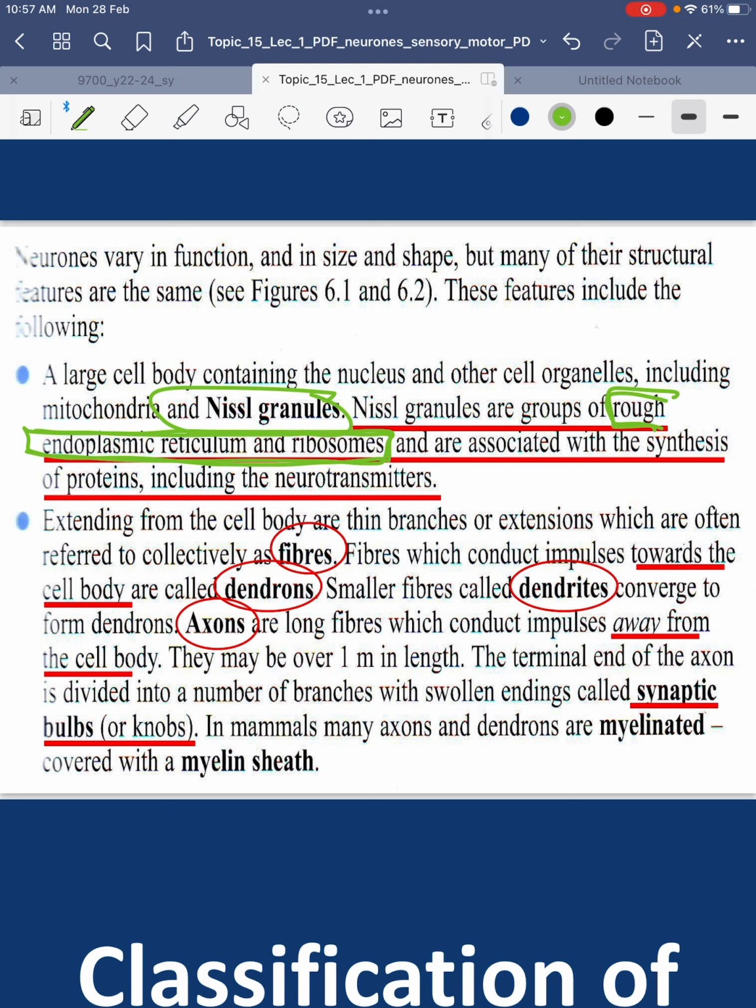And we all know the function of the rough ER and ribosomes. They make proteins, which includes neurotransmitters.